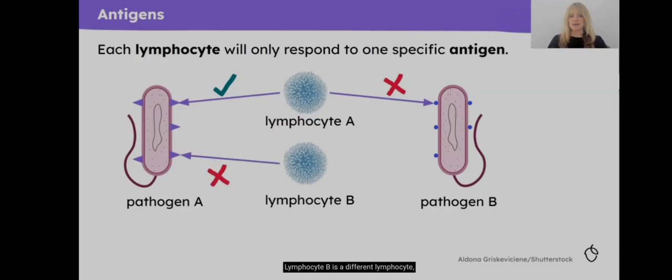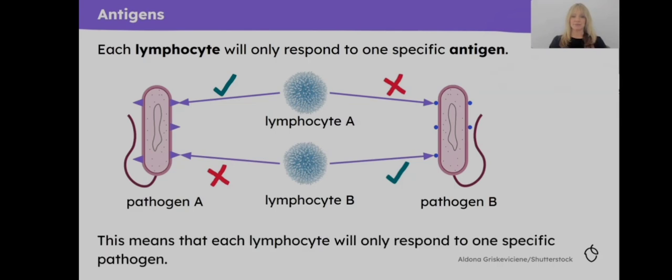Lymphocyte B is a different lymphocyte, so it will not recognise pathogen A. However, it can recognise pathogen B by the antigen. So we can see that only one type of lymphocyte will respond to one type of pathogen. This means that each lymphocyte will only respond to one specific pathogen.